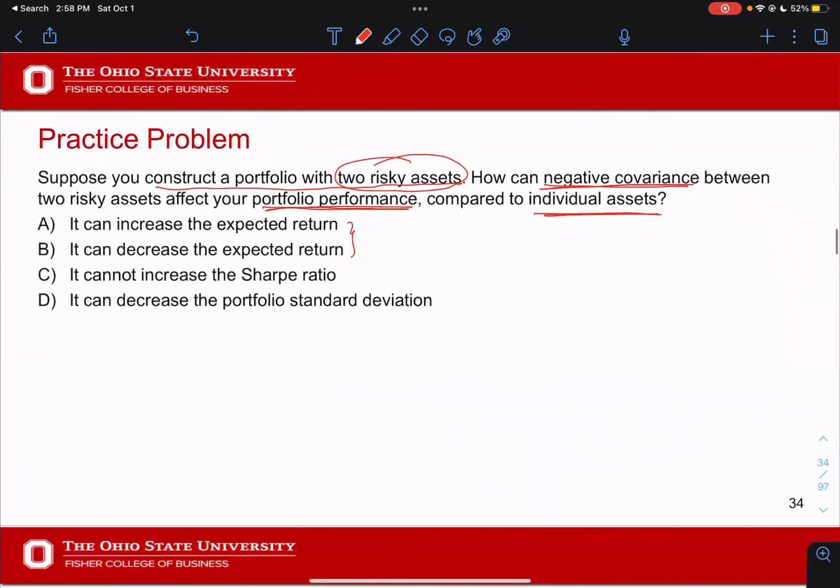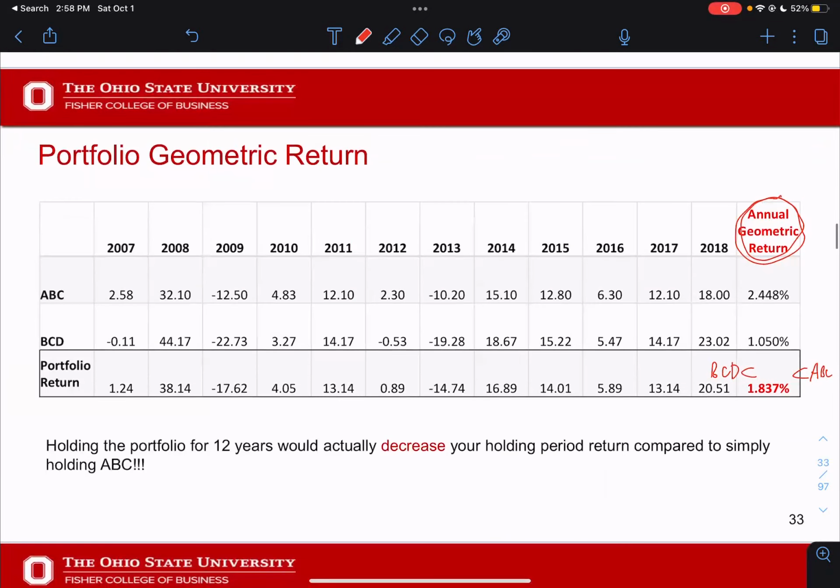I guess that's why some of you might think it has an effect on the expected return, but the answer is no, because this is geometric return. This is not expected return.